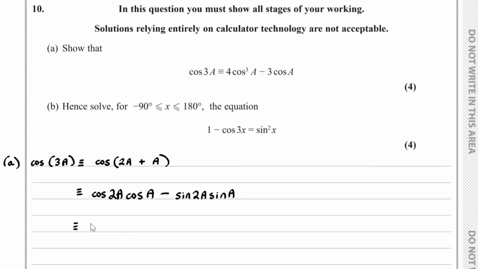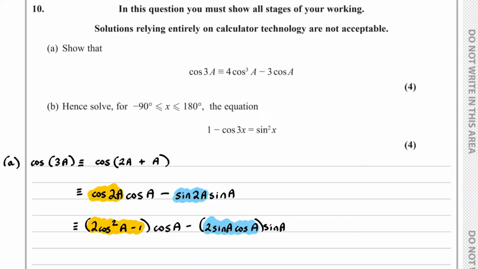Cos of 2A, that's the same as 2 times by the cosine squared of A minus 1, and then we still multiply this by cos A, so cos 2A is the same as 2 cos squared A minus 1, and then we subtract off sine of 2A. Well, sine of 2A, that's the same as 2 sine A cos A, and then we multiply this by sine A.